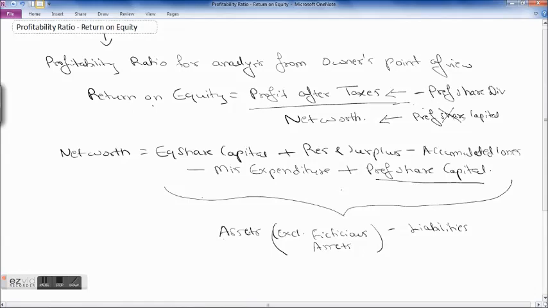So what it will be? It will be your profit which is available to equity shareholders divided by net worth, wherein preference share capital is not included. So these are the two approaches in which you can calculate your net worth. Now we'll see one example, okay, on how to calculate your return on equity.